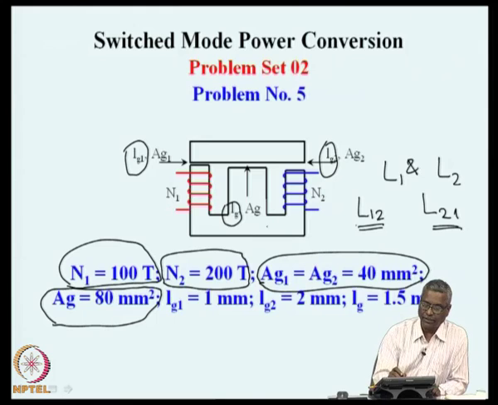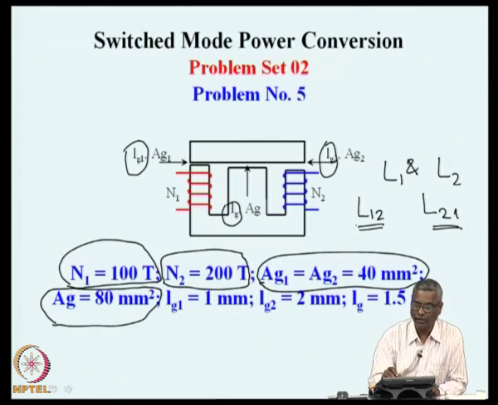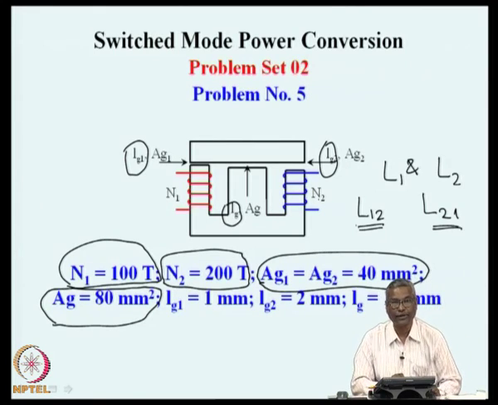We can see that this circuit has 2 excitations on the outer limbs, N1 I1 and N2 I2, where I1 is the current in winding 1, I2 is the current in winding 2.